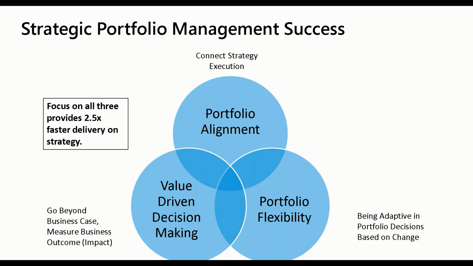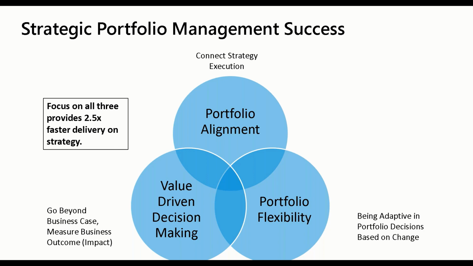And then finally, having portfolio flexibility, which means that you're adaptive as changes occur in the market, as changes occur in the economy with your customers, you're able to shift and make decisions within the portfolio to bring in new projects, put others on hold, reprioritize on a more frequent basis in order to reflect those changes.